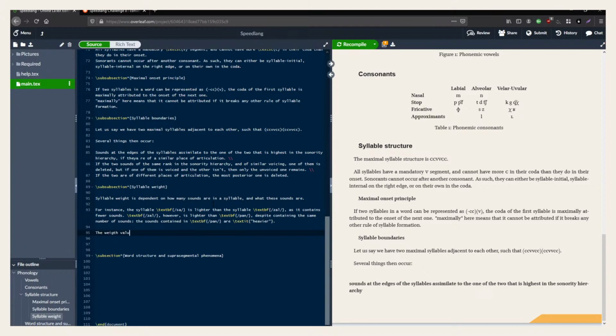The weight value of an individual phoneme is governed by its rank in the sonority hierarchy.